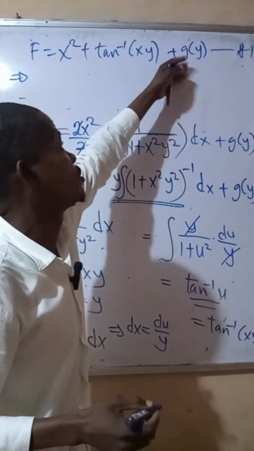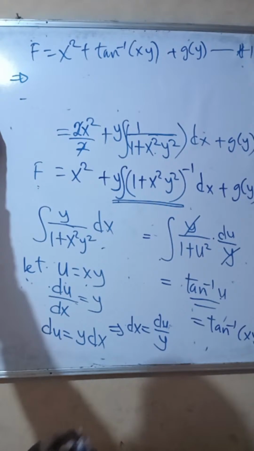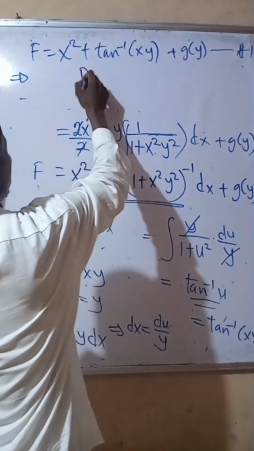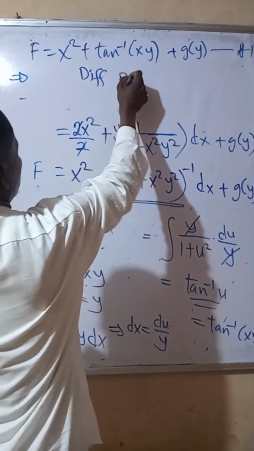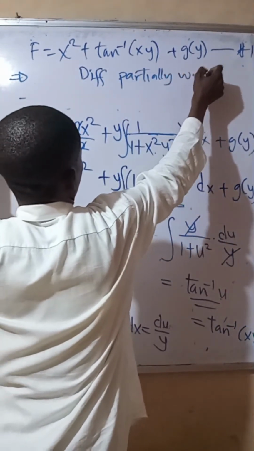Now let's find the g of y. In this case, differentiate this one partially with respect to y.